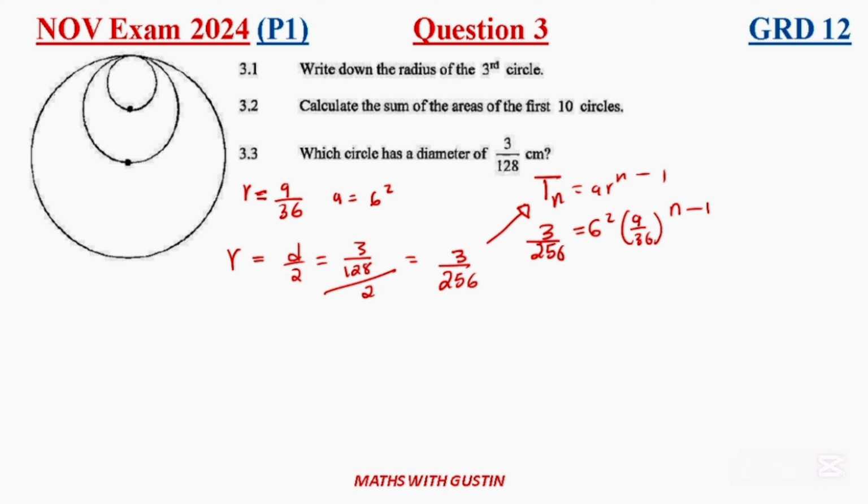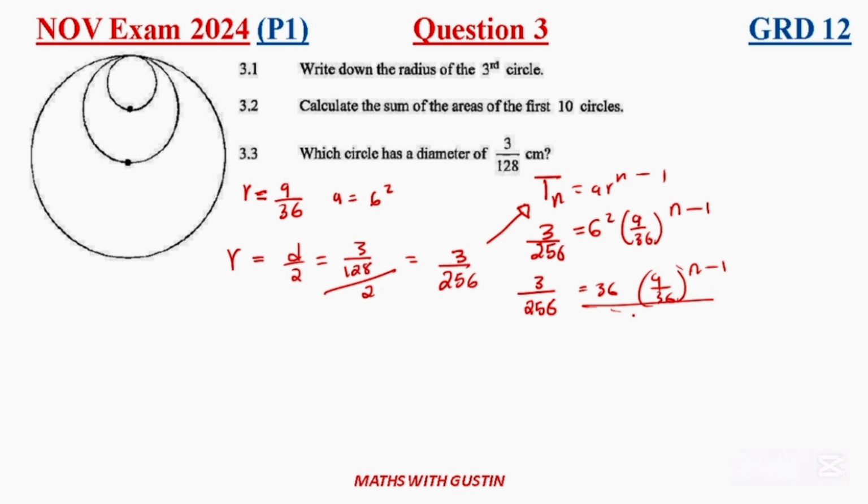So therefore, once you have this, you can say 6 squared, right? So now if you were to simplify this, 3 over 256 is equal to 36, 9/36, and then there you go, then it's n minus 1.